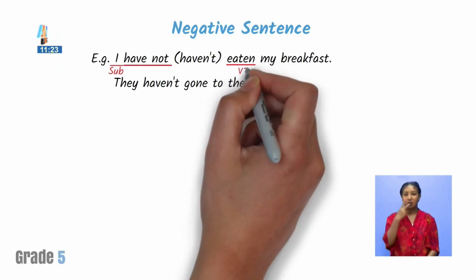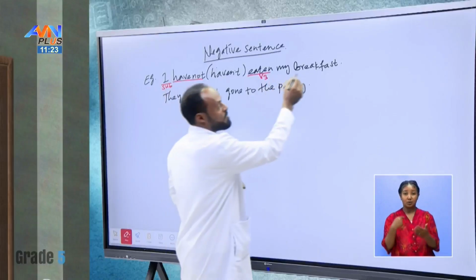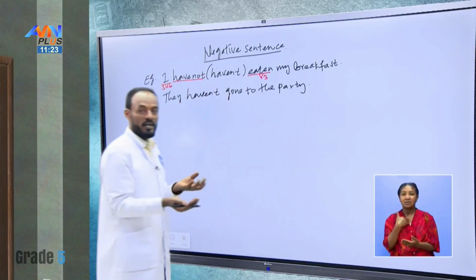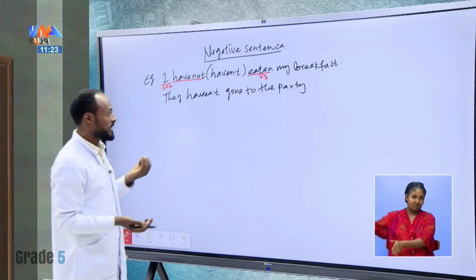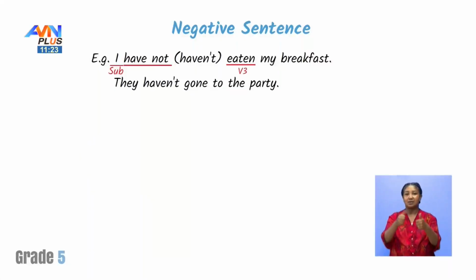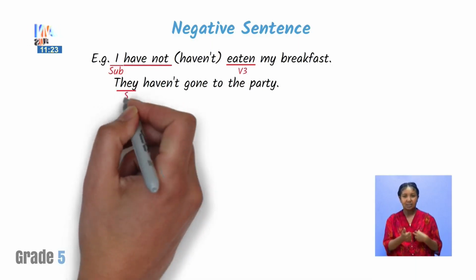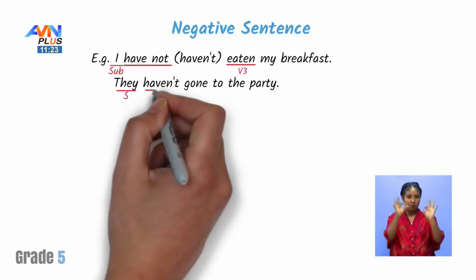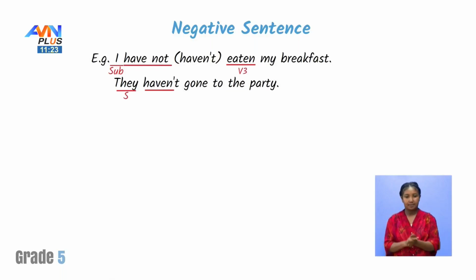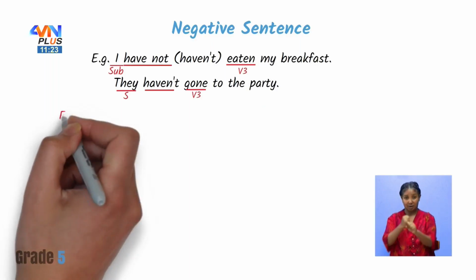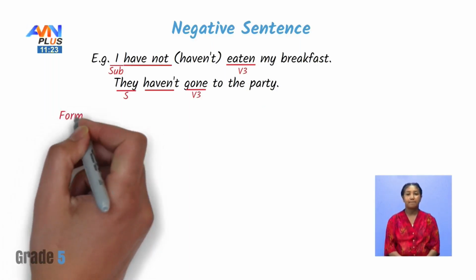Look, my breakfast is just the object. What about here? Subject, haven't gone. This means this one is verb 3. Yet is the complement. So from this sentence we can simply derive the form.